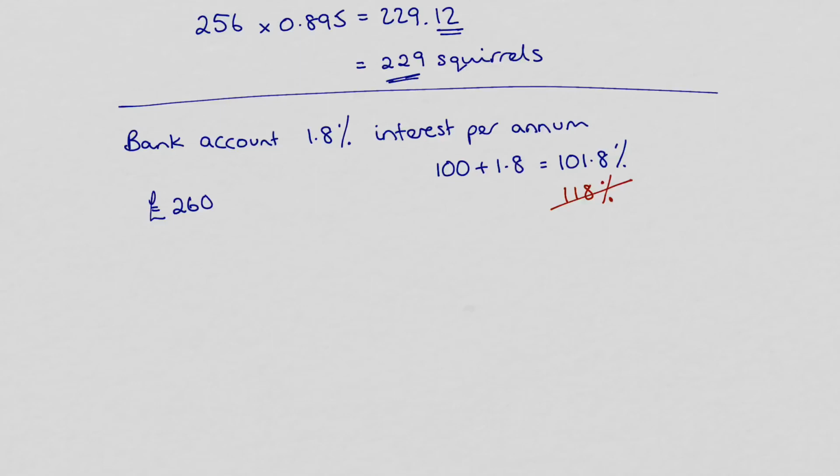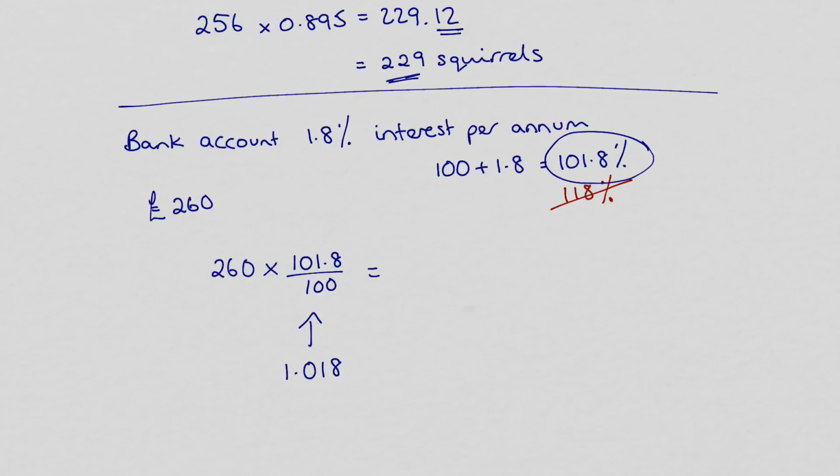Okay, so what we're going to do is take our starting amount and we're going to find out 101.8% of that by multiplying by our multiplier. And remember, our multiplier is this number expressed as a decimal. So we can either do 101.8 over 100, or we could use 1.018, because that is 101.8 divided by 100.